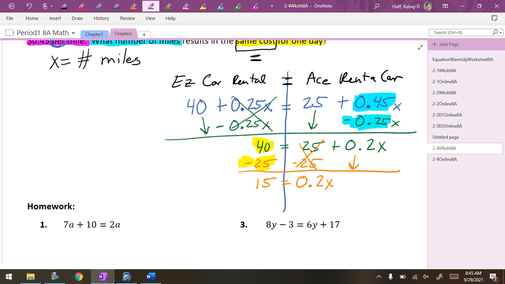I need this 0.2 to be a 1. How do I change the number in front of that variable? How do I make that a 1? What's my next step? Divide by 0.2. Good job. Divide both sides by 0.2.